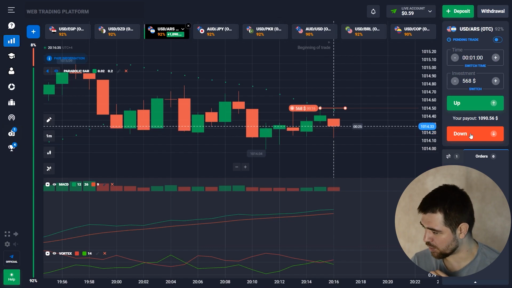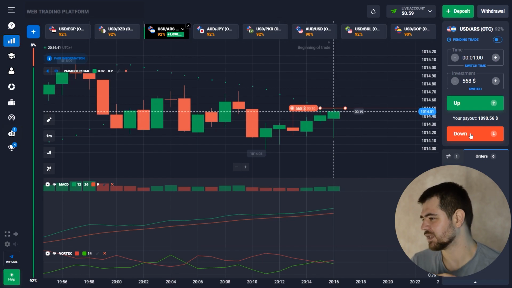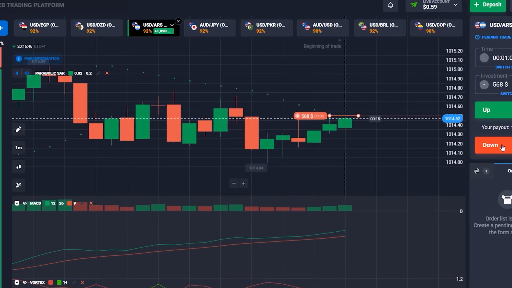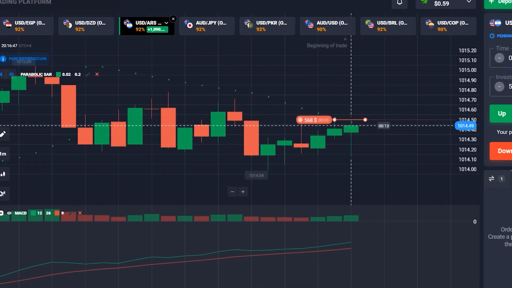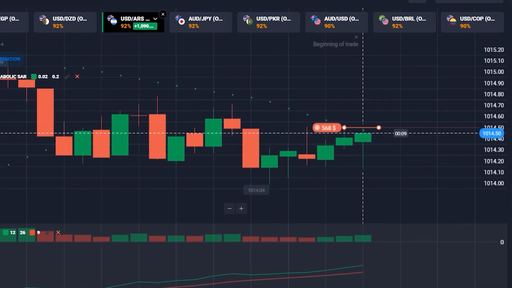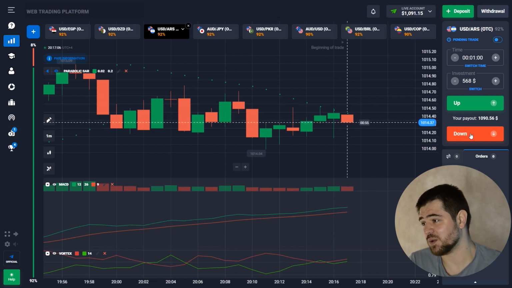And then vortex is not showing much either. At this point it shows, but it doesn't show much of the situation. Although it might start showing it soon, right now that's that. Here we are, our first 1,000, $1,091.